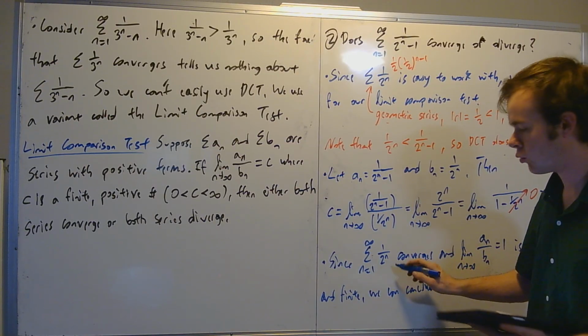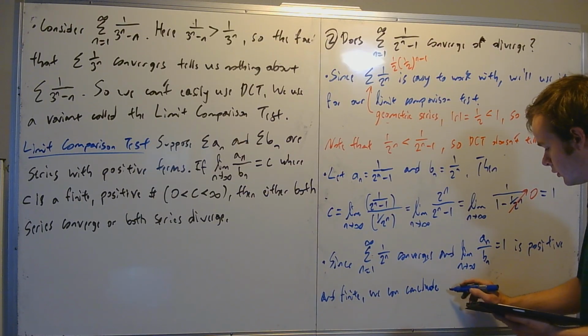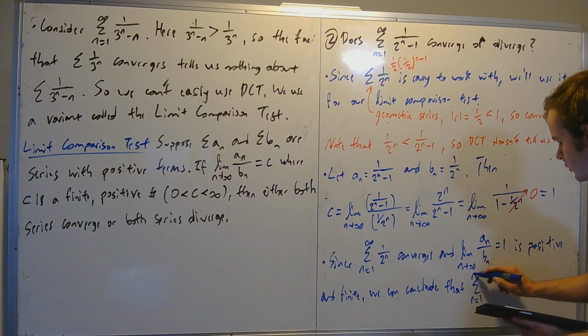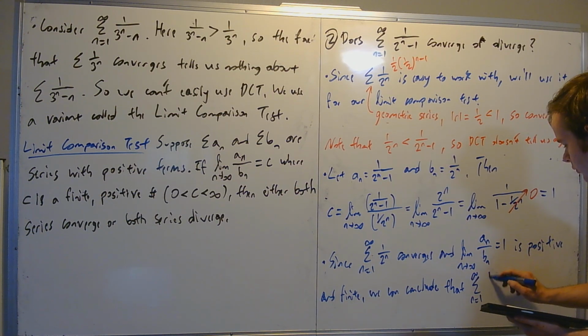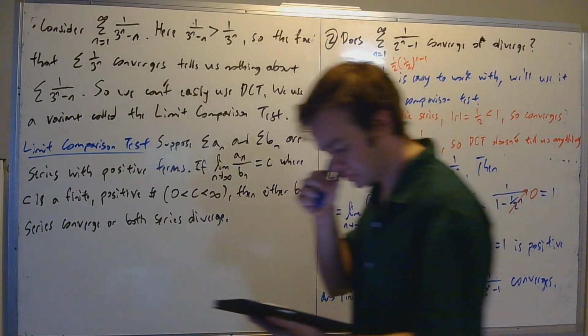What it says is if one of them is convergent, then the other is also convergent. So we can conclude that the sum from n equals 1 to infinity of 1 over 2 to the n minus 1 converges. Right, and that'd be our answer.